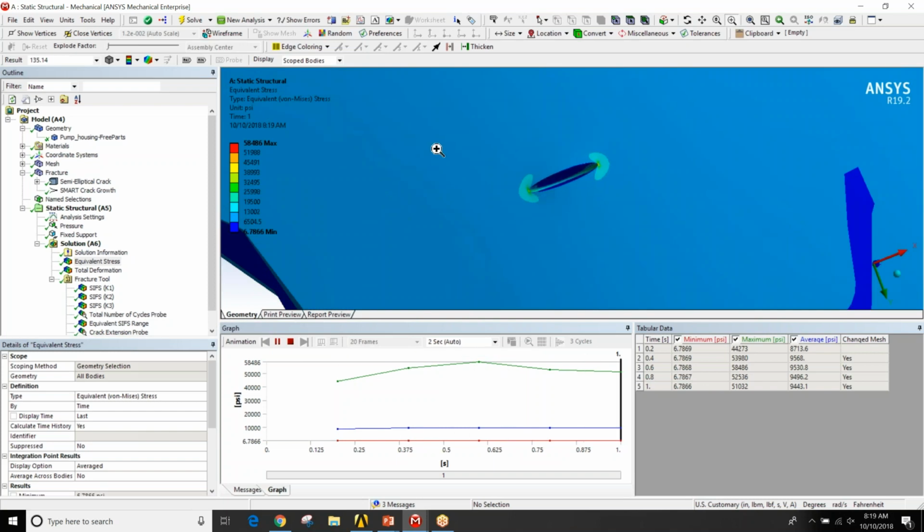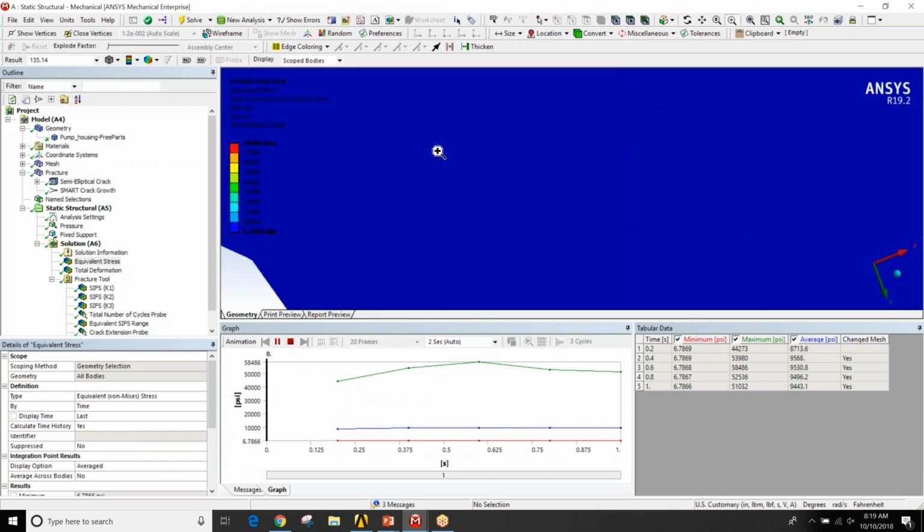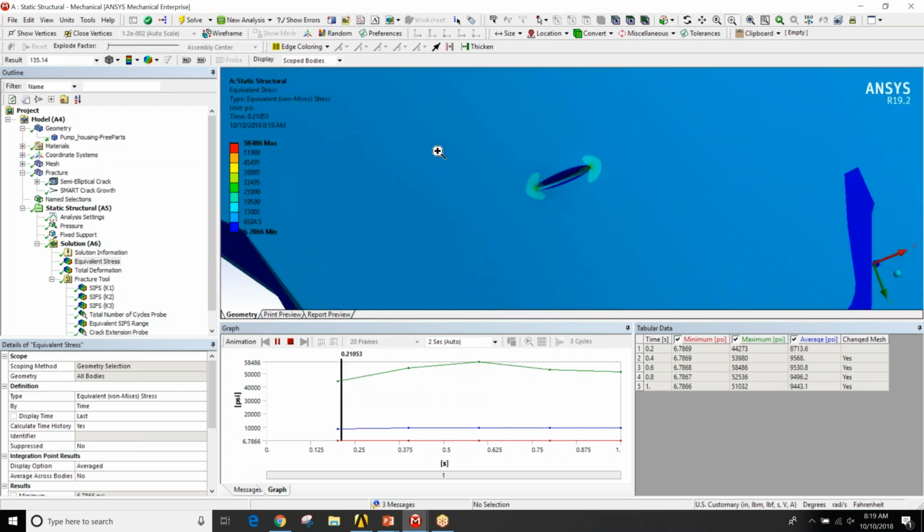So there are a lot of nice features in 19.2. If you have not upgraded to 19.2, it is time to think about it, especially if you're in this area of fracture mechanics. These types of crack simulations used to take us literally weeks. I hate to say it, but it used to take us weeks a few years ago.